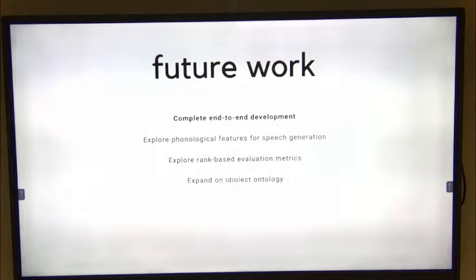And then also explore different metrics for each of the parts of the pipeline, specifically rank-based metrics, which is what's used a lot in, let's say, searches for YouTube or stuff like that. They use rank-based embeddings, and also expand on the idiolect ontology so that it can encapsulate more of what it is, with more features. And that's it.